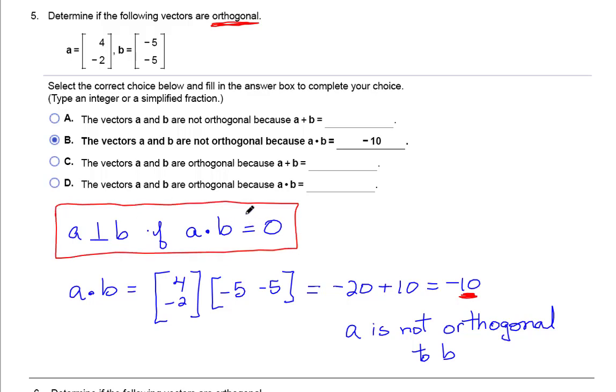If the dot product calculates to be 0, then in that case, the angle between the two vectors is 90 degrees, and they would be orthogonal. Alright, so A dot B is, in this case, 4 times minus 5, minus 2 times minus 5, and I get a minus 10. So A is not orthogonal to B. They are not perpendicular.